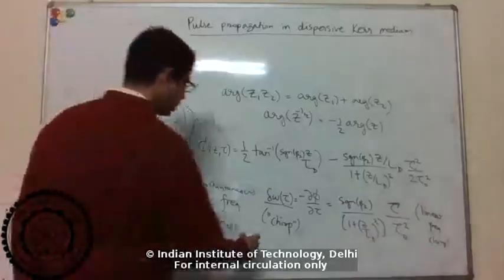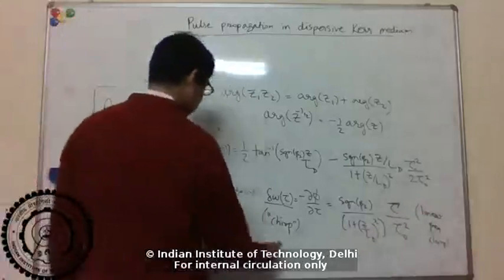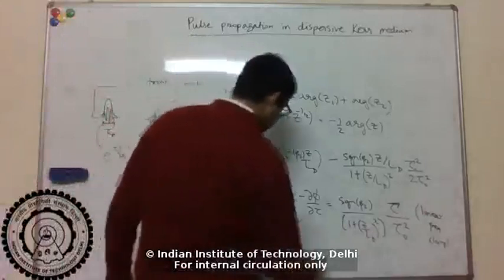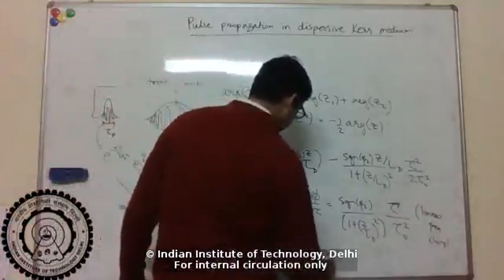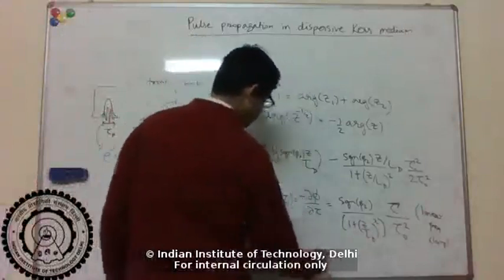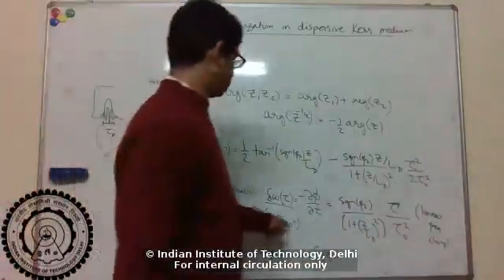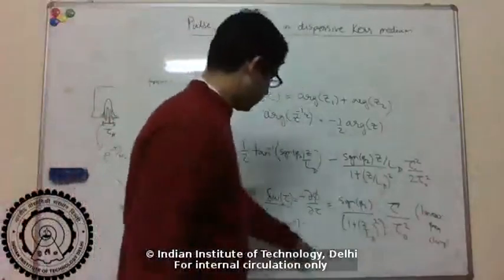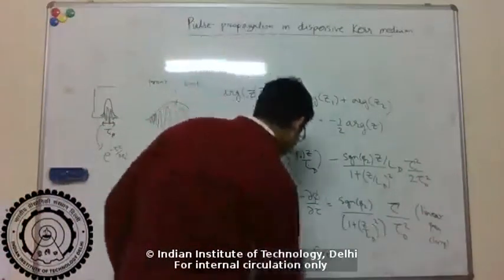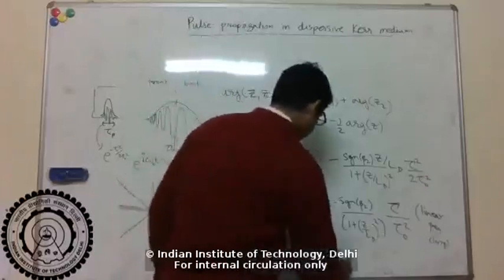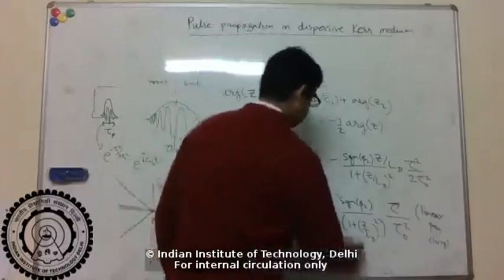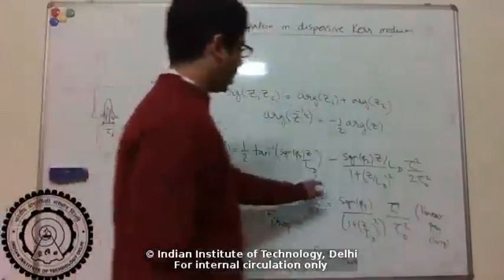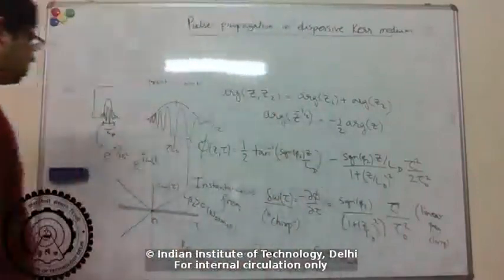Okay, you can also define a chirp parameter, which is the derivative of the frequency. So basically, how does the instantaneous frequency change? For this case, since the chirp is linear, the derivative of the chirp, which is the chirp parameter, denoted by c sometimes, will be just some constant, and that will be positive or negative depending on the sign of beta 2.